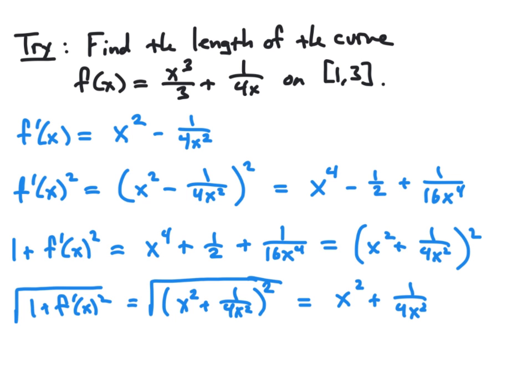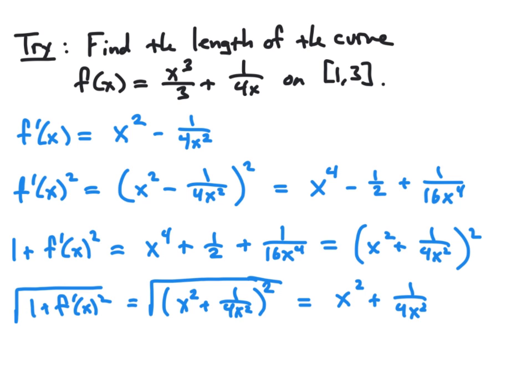The derivative of our curve f of x is going to be f prime of x equal x squared minus 1 over 4x squared. We can square that expression and obtain x to the 4th minus 1/2 plus 1 over 16 x to the 4th when all is simplified. When we add 1 to this expression, it simply changes the negative 1/2 to positive 1/2 when we combine our constants together.